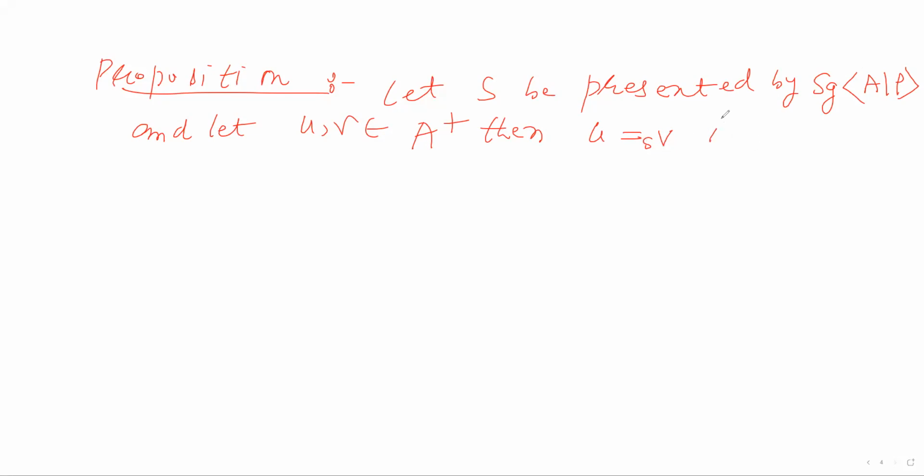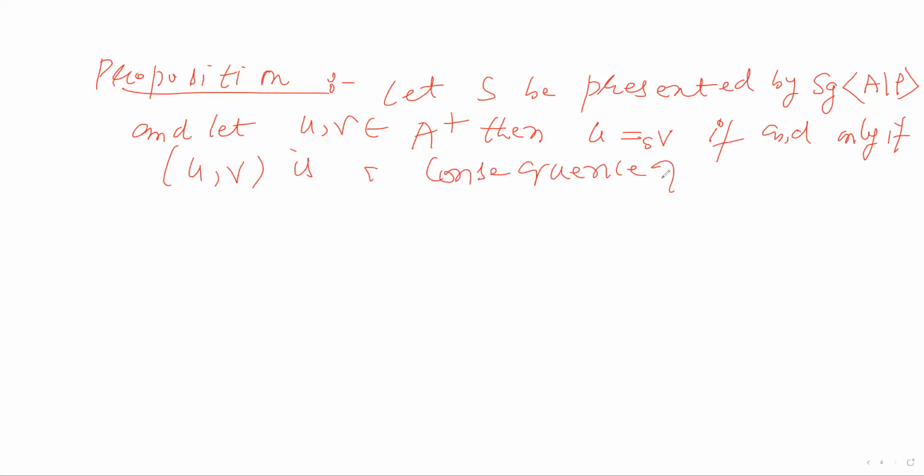If and only if this pair (u, v) is a consequence of ρ, that is, if and only if you have a sequence of elementary row transitions connecting u to v.